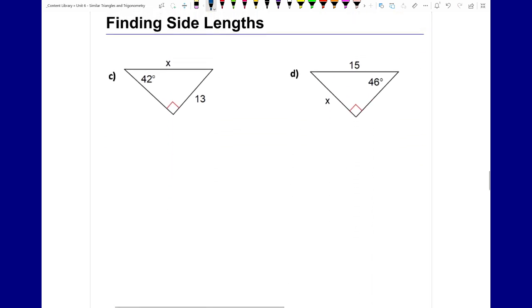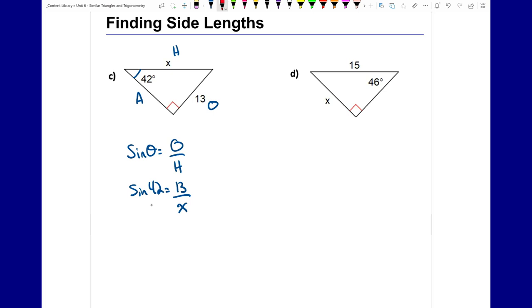Two more examples. Again, very similar to our last lesson. Let's label our sides: hypotenuse, opposite based off the reference angle, adjacent. Sine theta equals opposite over hypotenuse. Sine 42 equals 13 over x. Now again, we've done a couple examples like this already.